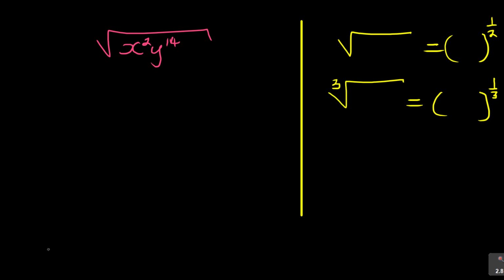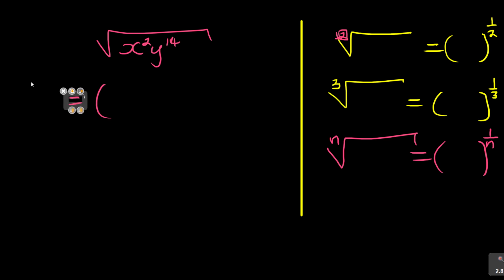The hidden number, the fact that they've not included a number there, is a default 2 instead of 3. So if they give you n, it means bracket to the exponent 1 over n. Since they've given me square root here, this is equal to bracket, and the bracket has the power 1 over 2, with x to the power of 2, y to the power of 14 inside. That's what it simply means.